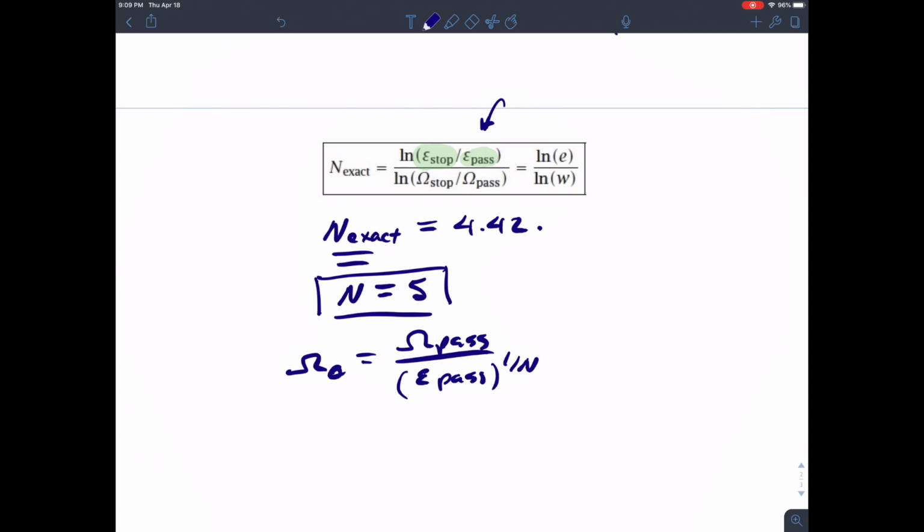I didn't do that yet in MATLAB, so hang on. The number I get when I plug that in is a normalized frequency of 1.0926.